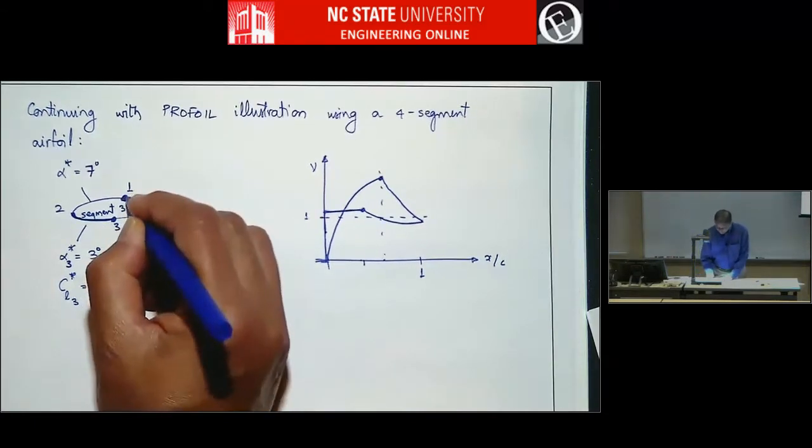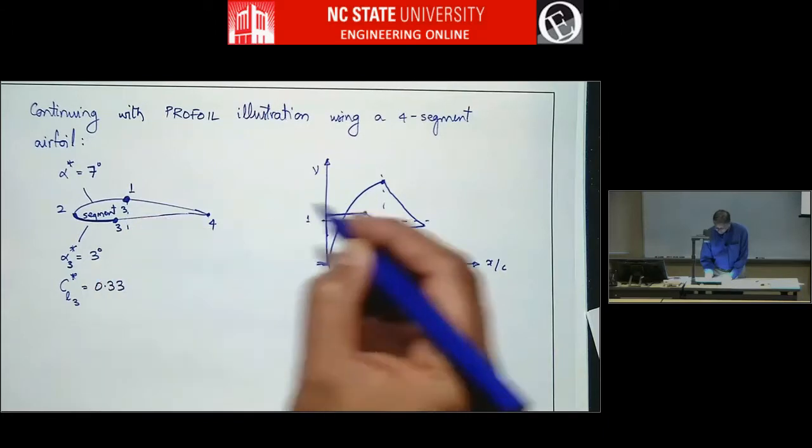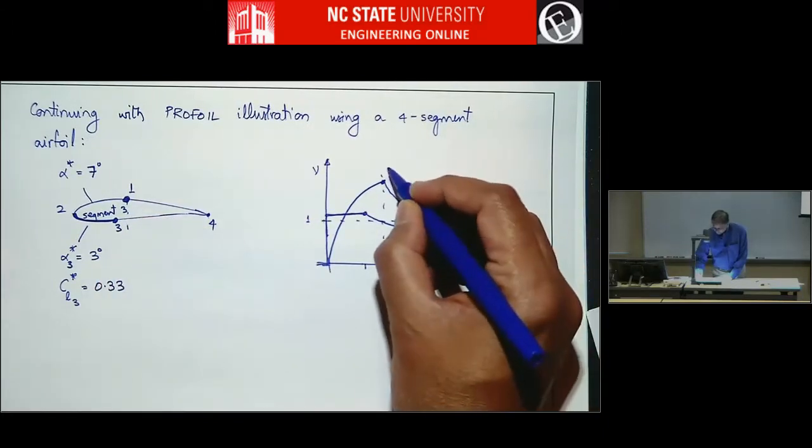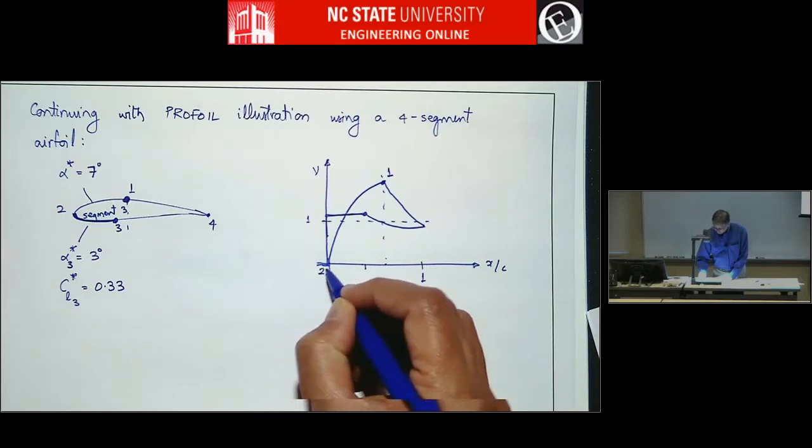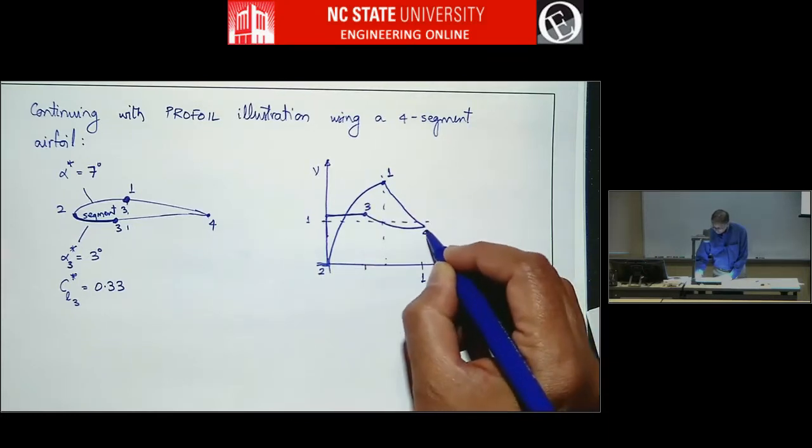So this point, this x over c is this. So this is segment endpoint 1, this is segment endpoint 2, this is segment endpoint 3, and this is 4.